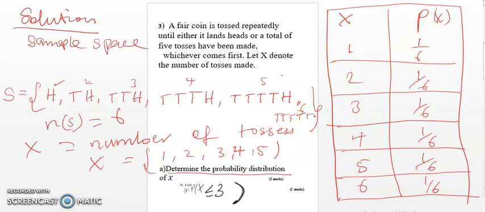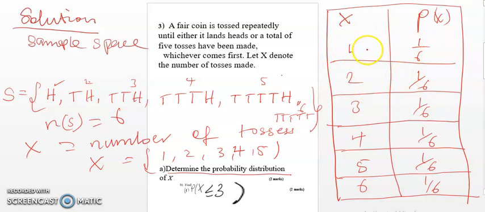So here we are, and we've succeeded in constructing the probability distribution table of X, and that answers the first question. Of course, if you want to determine X proper, you might need to find the expected value of X, which is just the summation of each value multiplied by its probability.